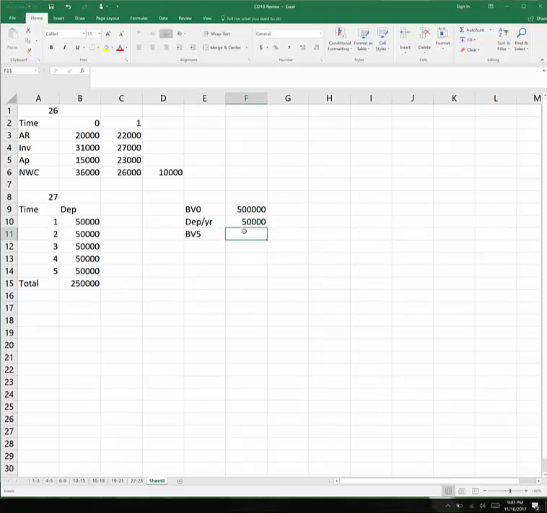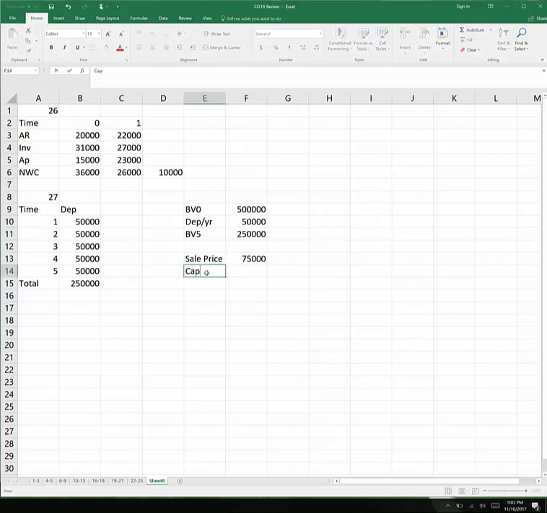We're going to take the book value we started with, the purchase price, and subtract total depreciation. So we depreciated half of it, so these are the same. Our ending book value is $250,000. The sale price, what we can get for this, is not a very good deal relative to what we have it on the books for. We can only get $75,000.